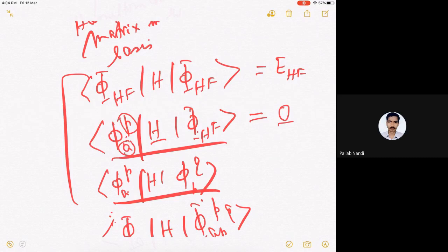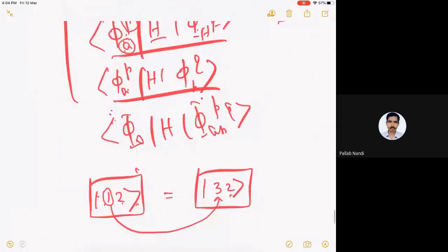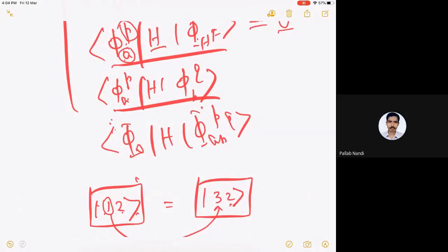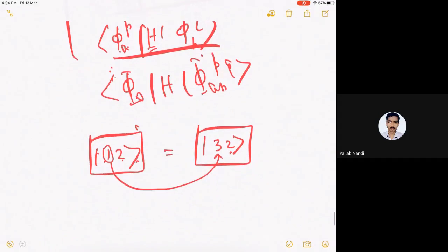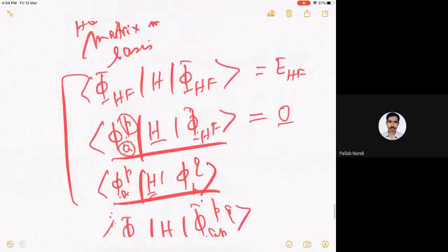No problem. So right now, please understand that all the Hamiltonian matrix elements between the determinants can be formed by the Slater-Condon rules. You already know how to write this determinant by Slater rules, correct? Similarly, I should be able to write all this in terms of spin orbitals, 1 and 2 electron integrals.